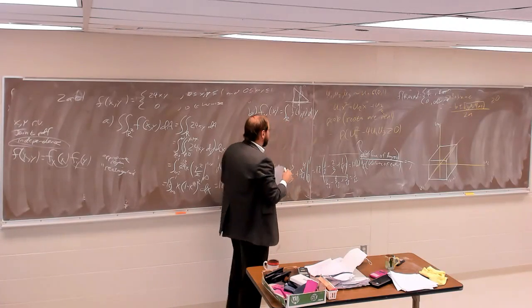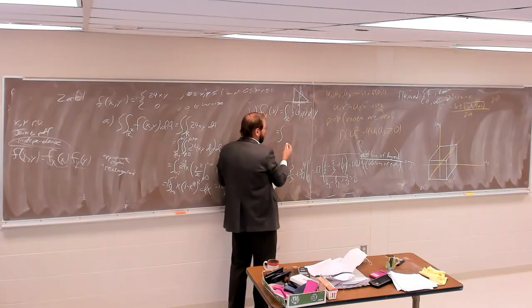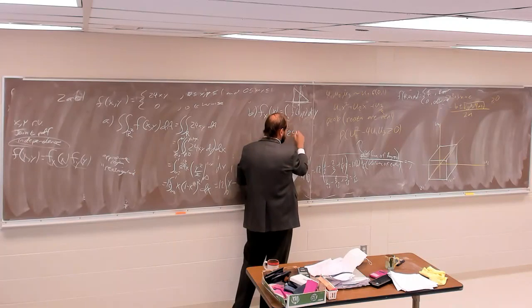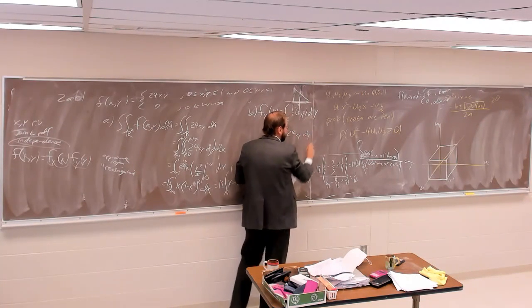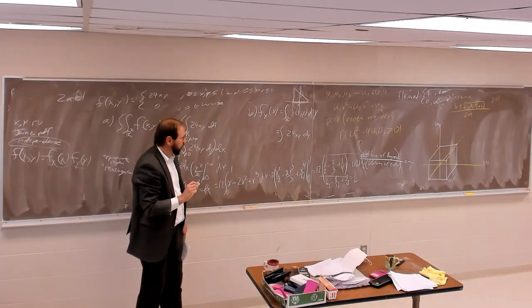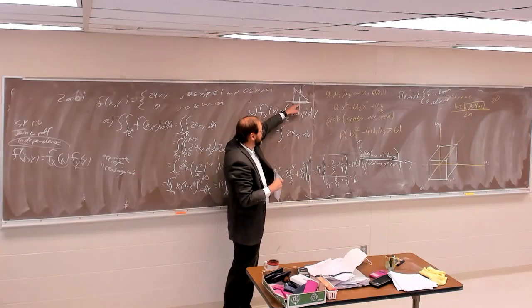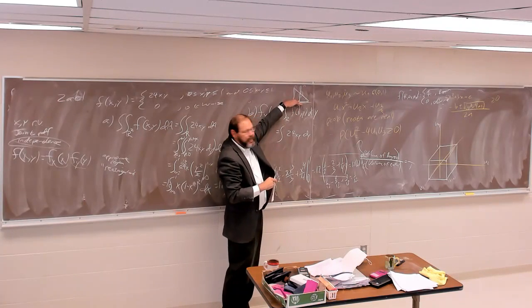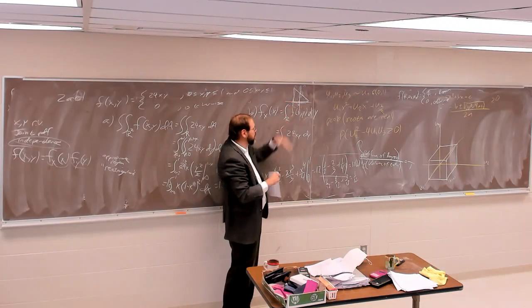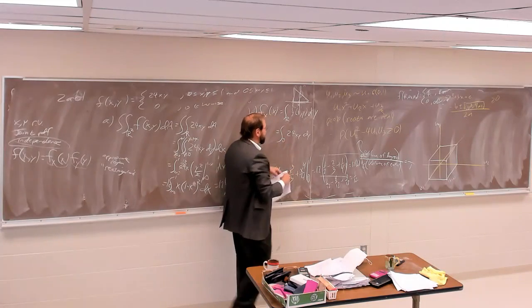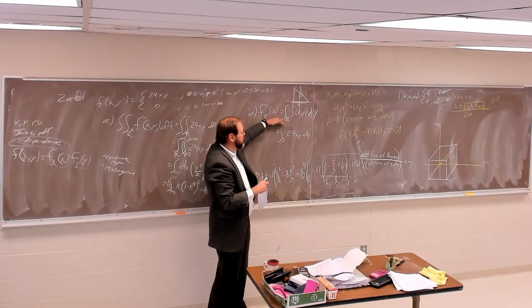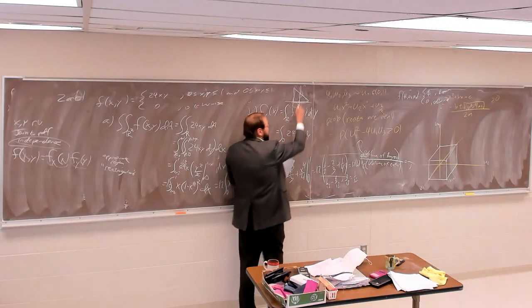Well, now I'll go ahead and write down the function I'm dealing with, which is 24xy that I want to integrate with respect to y. And for a fixed x value, the bottom is going to be y equal to 0, and the top would be y equal to 1 minus x, right?